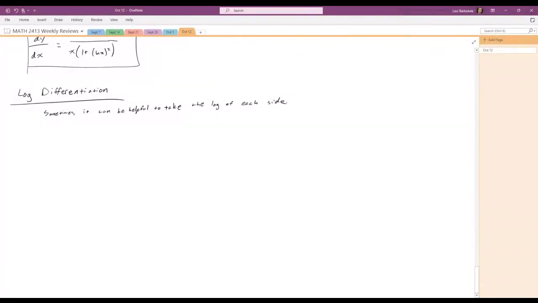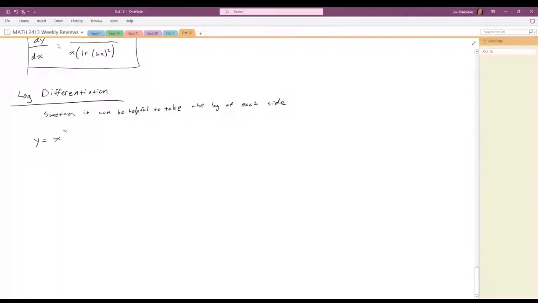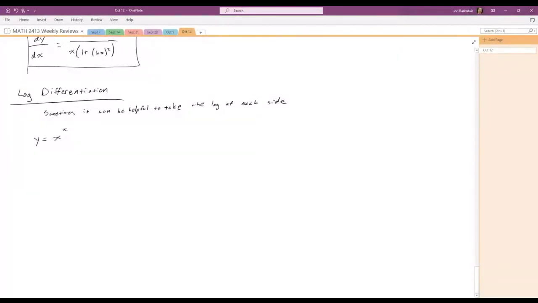So for example, this is the classic log differentiation problem, the function y is equal to x to the power of x. Well, this doesn't exactly fit any of our differentiation rules, right? We know how to take the derivative of x to a constant power. We know how to take the derivative of a constant to the power of x.